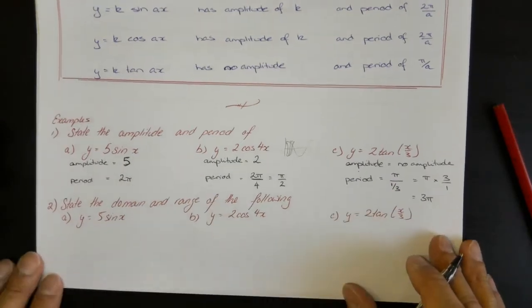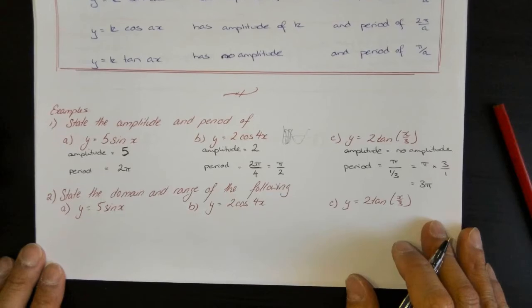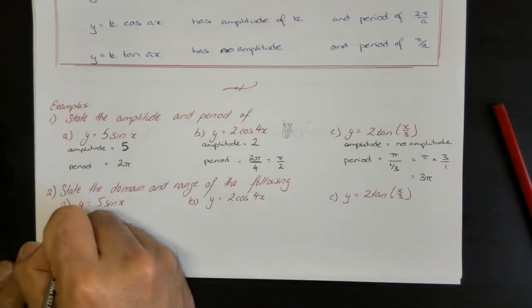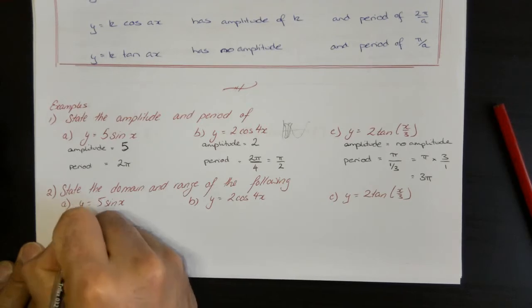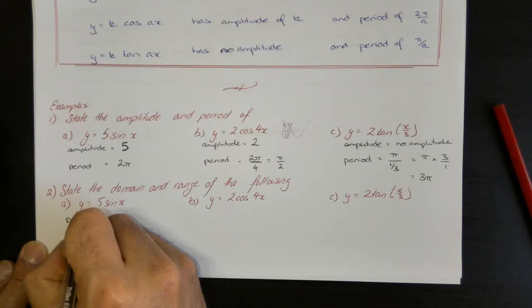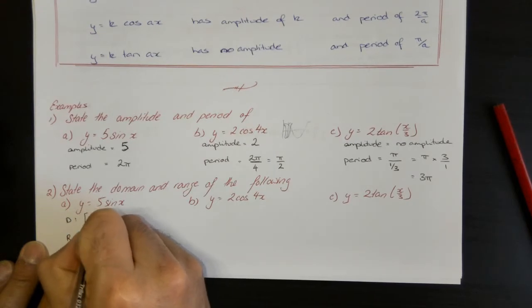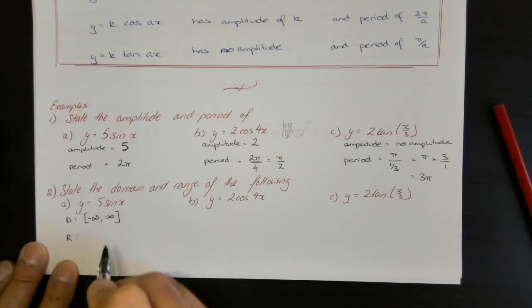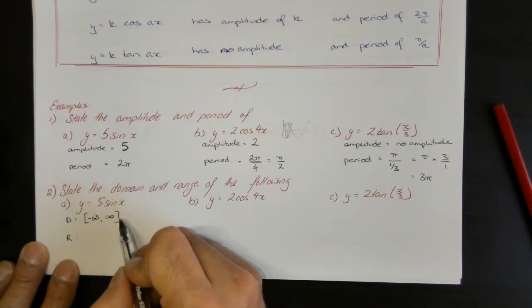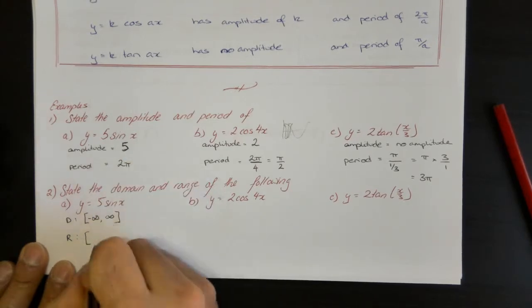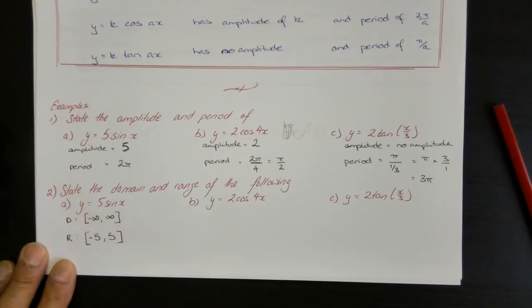All right, we want to state the domain and the range of the following. We'll do domain on the top and the range on the bottom. The domain of sine x is continuous, so it goes from -infinity to infinity. Normally sine will go from -1 to 1, but because we've increased the amplitude by 5, the range will go from -5 to 5.